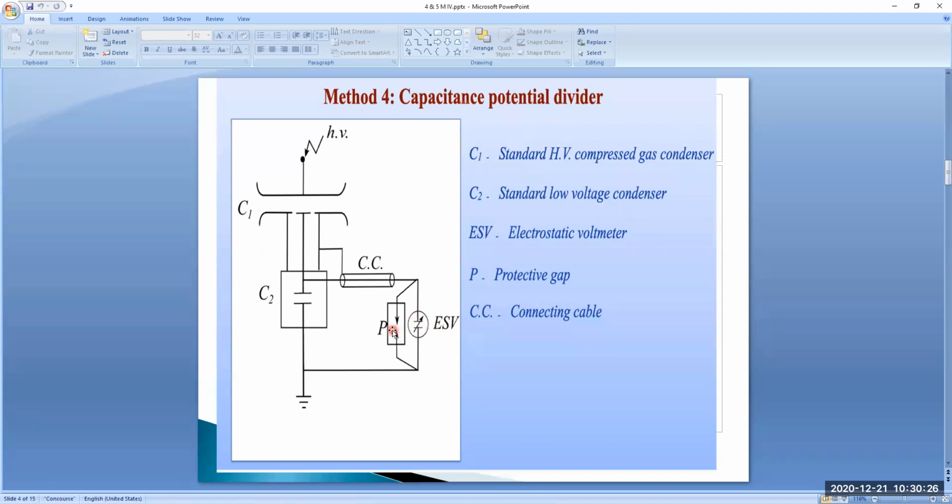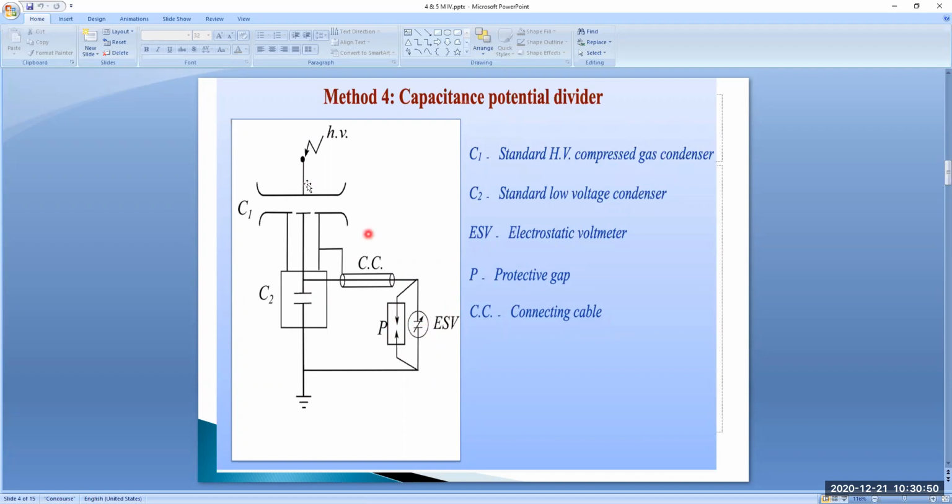And here P is called a protecting gap. It is used to protect the electrostatic voltmeter. That is like a spark gap, just like a protecting switch, used to protect the electrostatic voltmeter.